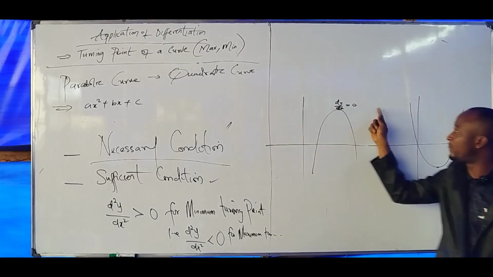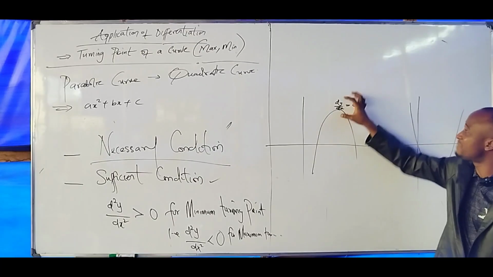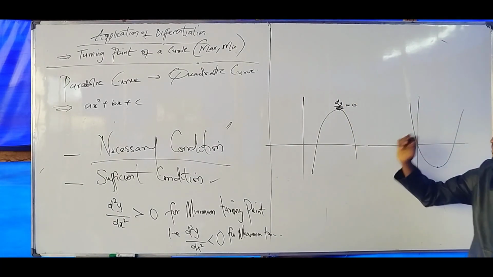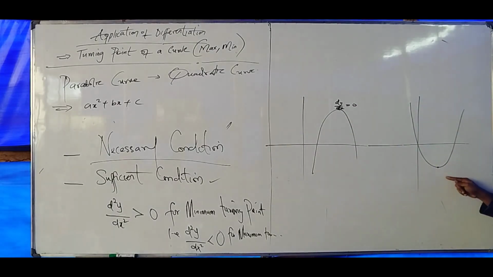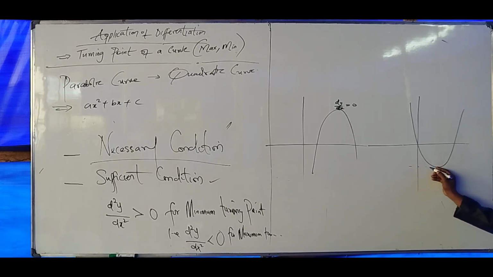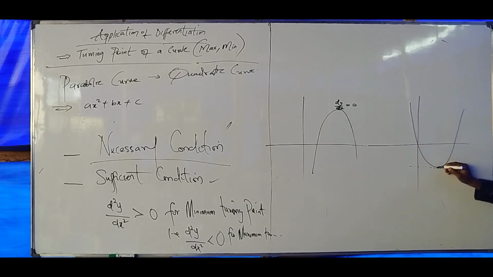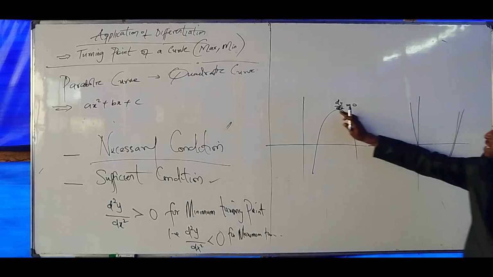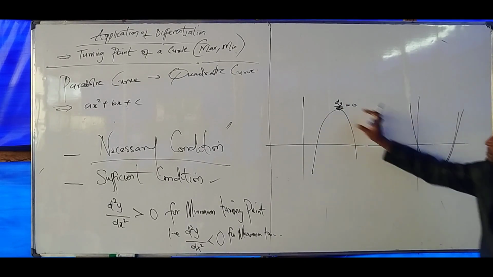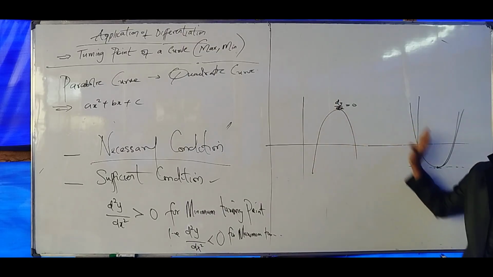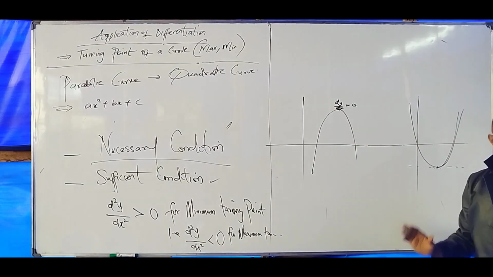That means there is no slope at the turning point, so my dy/dx is equal to 0. Likewise for the minimum. At this point here, is there a slope? No. From here, the graph changes direction. That means both minimum and maximum have their turning point where dy/dx equals 0.